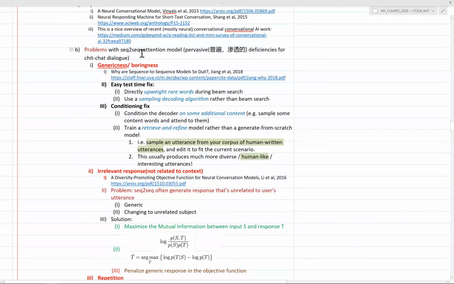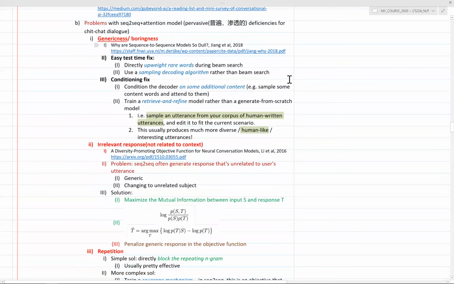But there are a few problems with this. The first one is genericness and boringness. For example, this dialogue would mostly lead to the same answer, the same sentence or conversation until the end. It won't change anymore, and it has been mentioned in this paper.